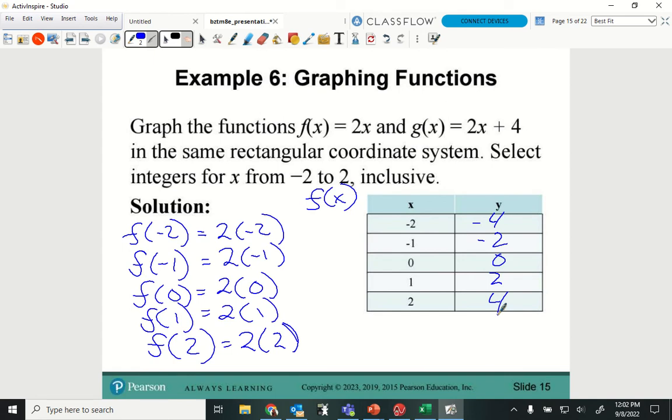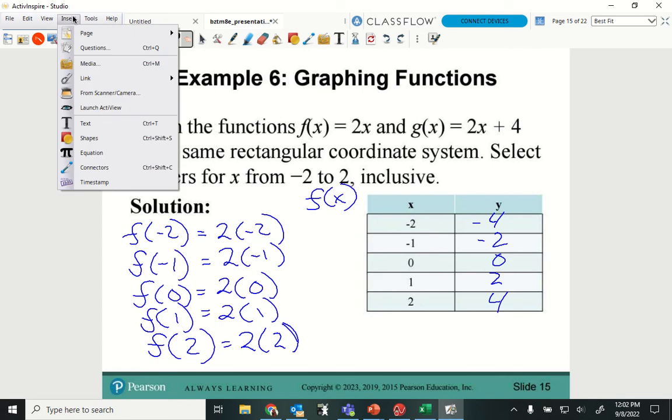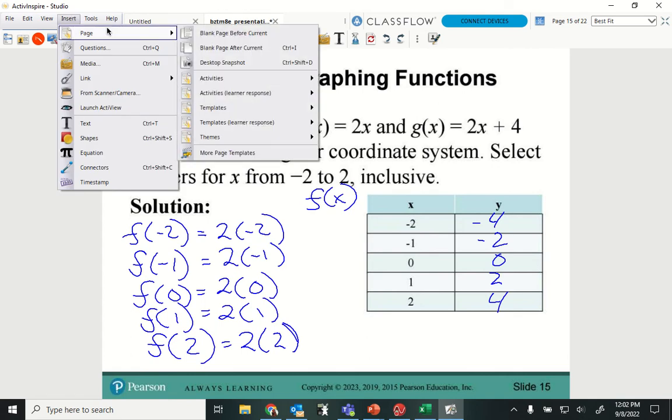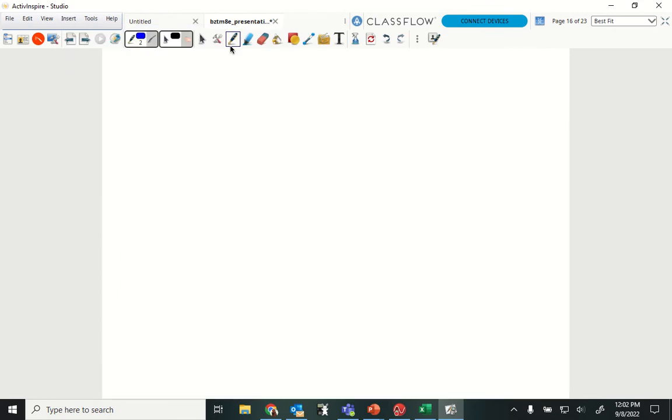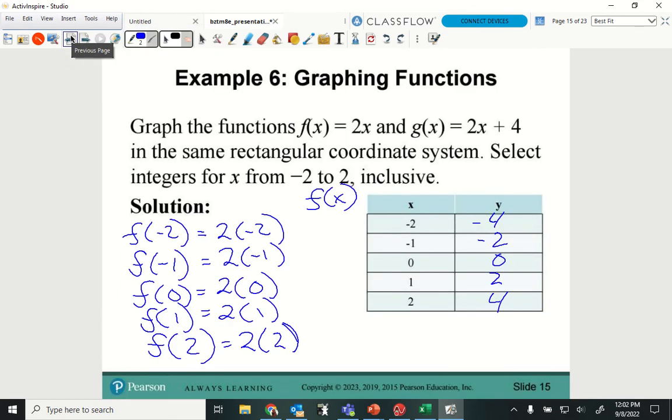Now we're going to do the next one. Okay, let me see. Insert page. So my other function was 2x plus 4.